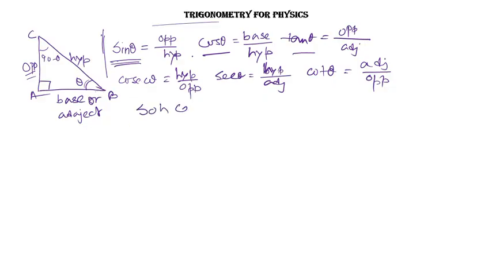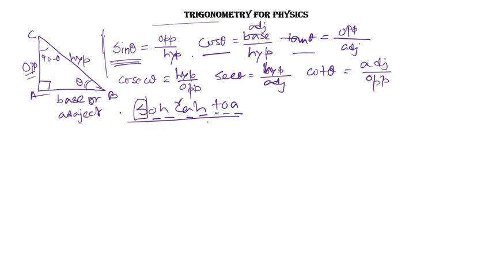So, "ka to a". What it says: sine is opposite by hypotenuse. Cos is adjacent by hypotenuse. I have written base, but it is adjacent. What is tan? It is opposite by adjacent.